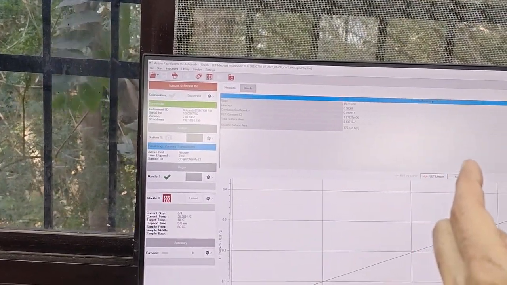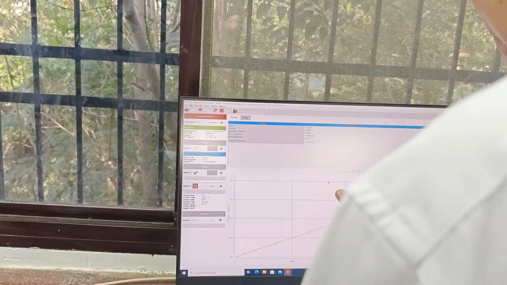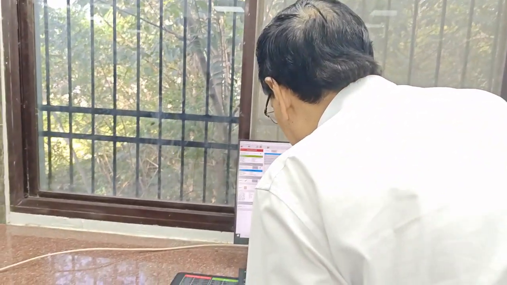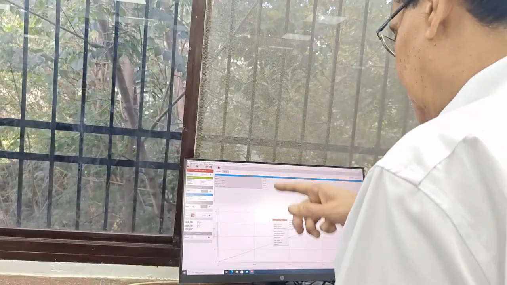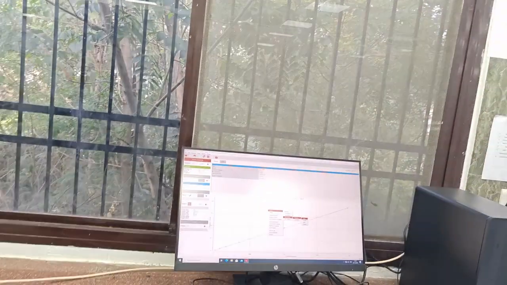But we are interested in the specific surface area. I will explain that. So the specific surface area is 176.74 meters square per gram. And these are all correlation coefficient, slope and intercept, because you see this relative pressure has a derivative BET formula. So in order to get the straight line, we are using this adsorption system.